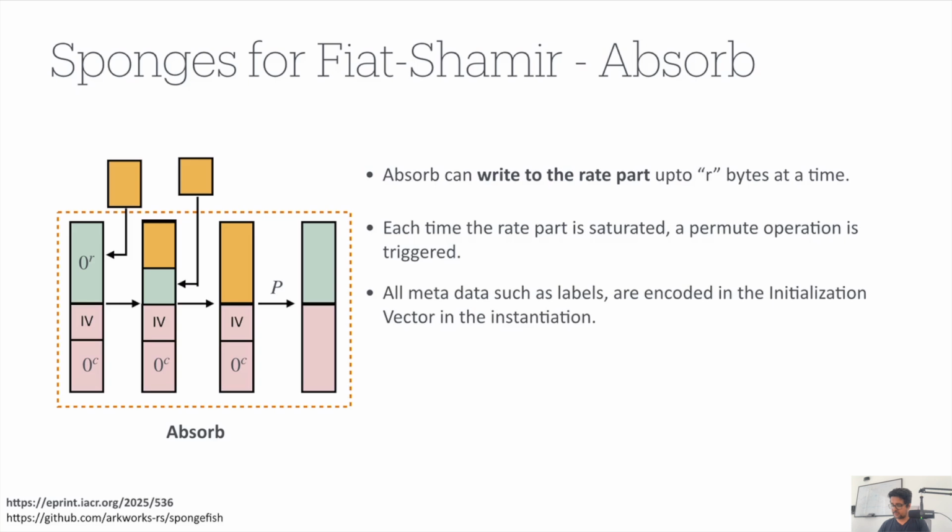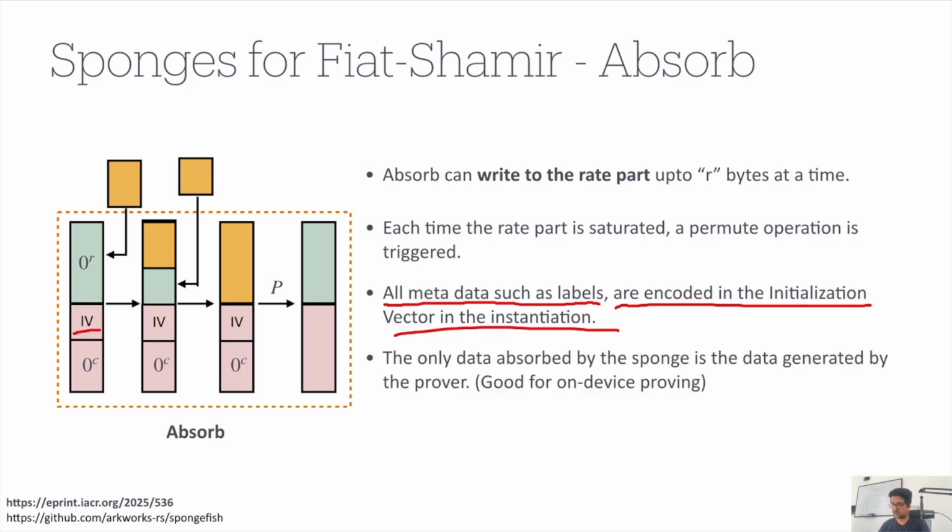An important thing is that all the metadata in a protocol, such as labels, sizes of vectors, etc., are supposed to be encoded in the initialization vector in the instantiation of the hash. We will show an example of how you do that. The only data that is absorbed by the sponge is the actual data generated by the prover.